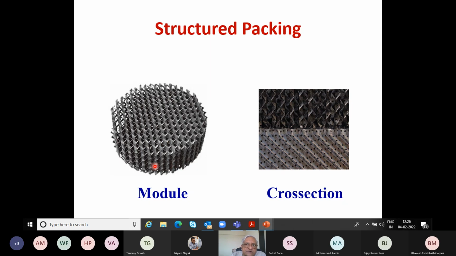So we have structured packing, which is designed to provide all the way from 100 or even 50 square meter per meter cube of the column volume to 750 square meter per meter cube. That means if you have 1 meter cube of column volume, the surface area provided for mass transfer by these structured packings can go anywhere from 50 to 750 square meter per meter cube.